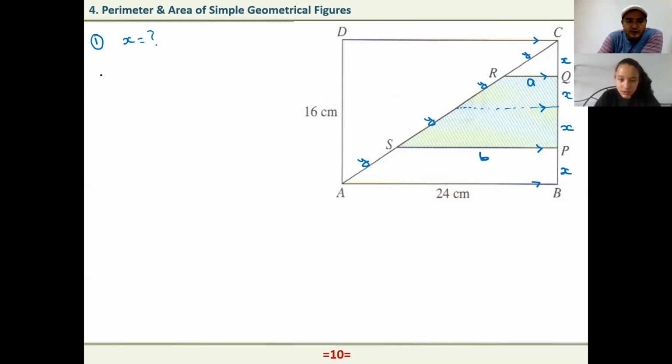Look at the line segment AD. Is it equal to BC? Yes. Because it's a rectangle, opposite sides. So what is AD? BC equals 16 centimeters too. So AD is equal to 16, right? 16. And what is BC? X plus X plus X plus X. That is 4X. So from here, what is X? 4. Very good. Now we got the value of X.